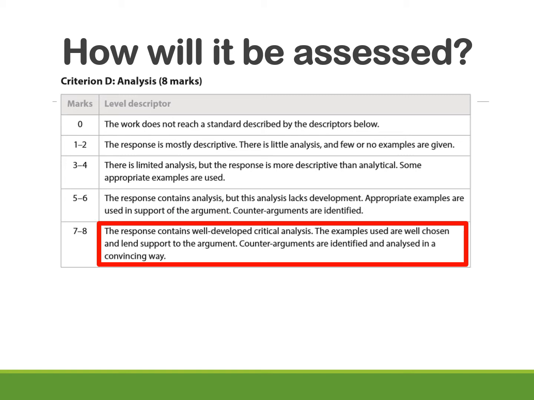So the first part contains well-developed critical analysis. The knowledge and understanding, from the criteria earlier, is that you have demonstrated that you understand the philosophy or the philosophical idea linked to the issue raised by the stimulus. And your critical analysis is you looking at other suggested ideas and philosophical thoughts on it, and looking at what people have said about the key idea you're looking at: who has critiqued the idea, who has supported the idea, who has developed the idea, and who has offered an alternative idea.